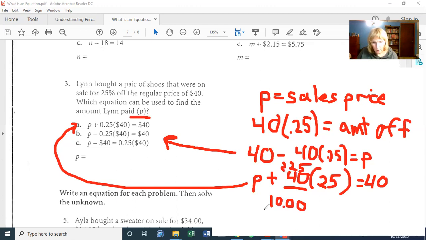So you have P plus $10 equals 40. And then how would you solve for P? Get P by itself by subtracting $10 from both sides. And P would be left by itself to equal 40 minus 10, or $30. That was the price that Lynn paid.